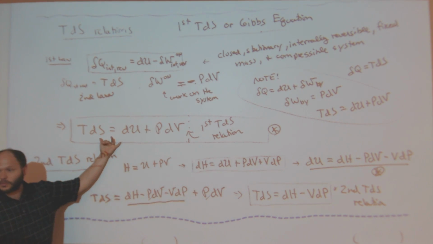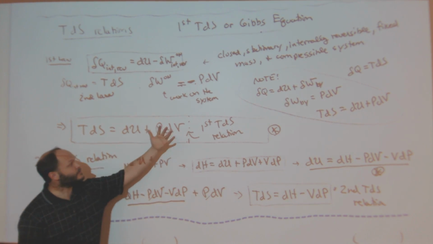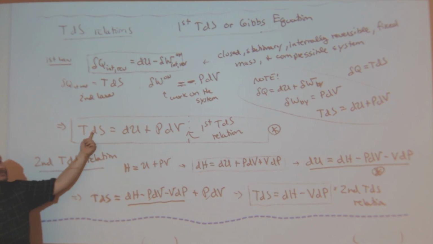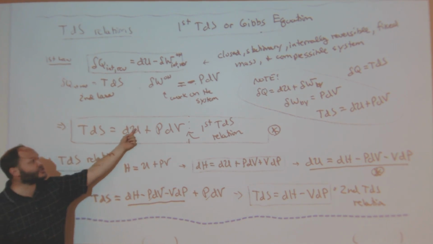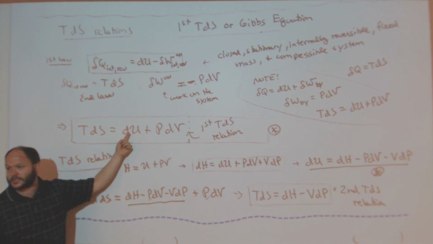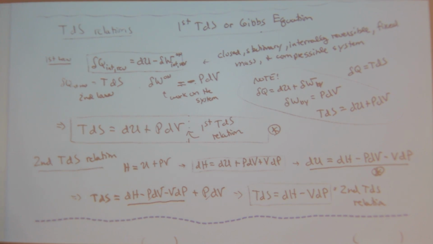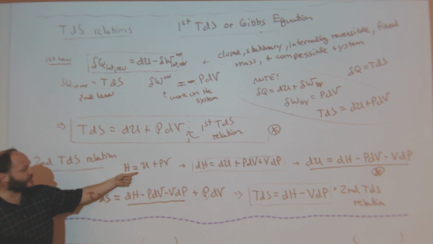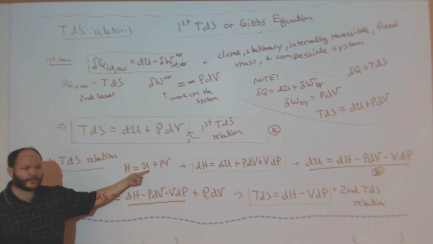If I have a constant volume process, I can relate the change in entropy of my system to the change in internal energy of my system. So these are just two different relationships. They start from the first and second law. For the second T dS, I use the correlation between the enthalpy and the internal energy.